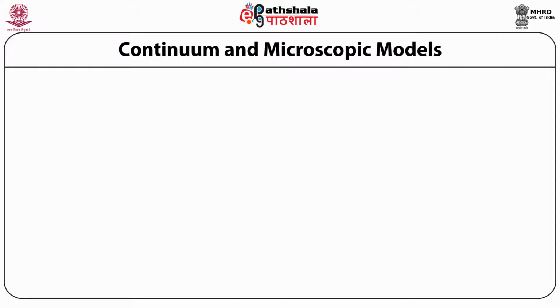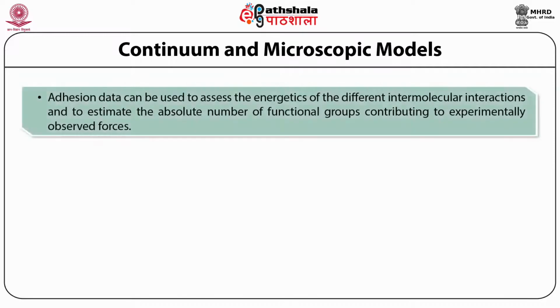Continuum and microscopic models, which have been given in this slide. Adhesion data can be used to assess the energetics of the different intermolecular interactions and to estimate the absolute number of functional groups contributing to the experimentally observed forces.